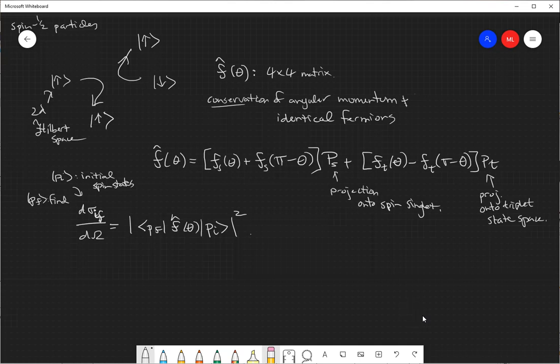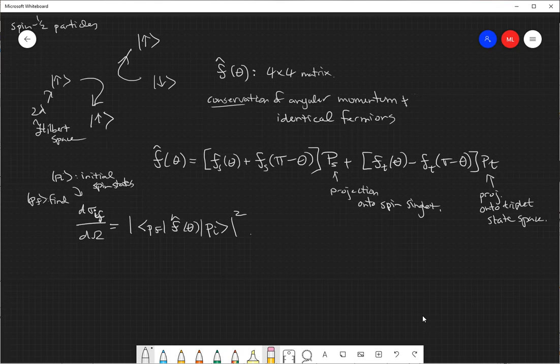You're sending two beams of electrons or something at each other, so you don't know what the initial polarizations are. And in that case, if you don't know which ones, and if you don't care what the final polarization is, right? Maybe we're just detecting clicks in a detector, right? Either the electron hits the detector or doesn't. We don't care what spin it has.